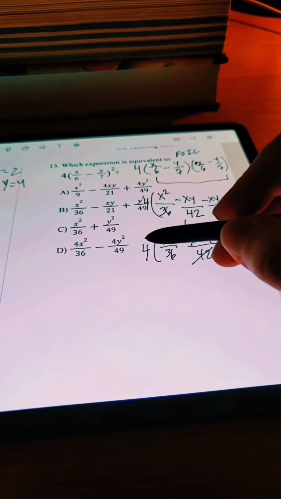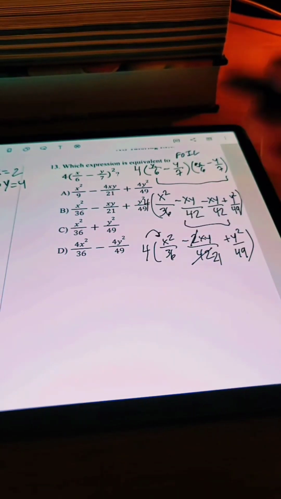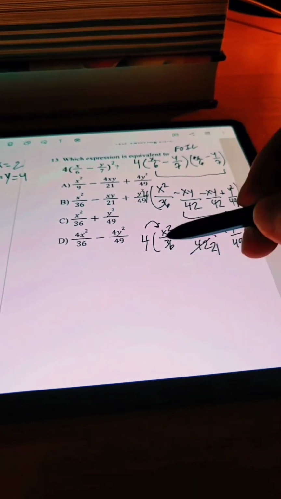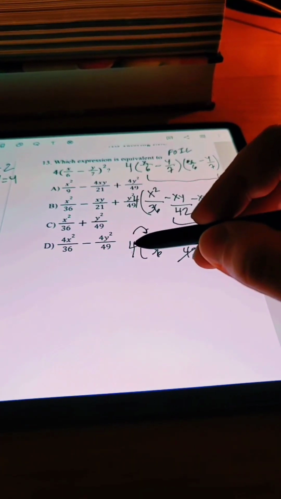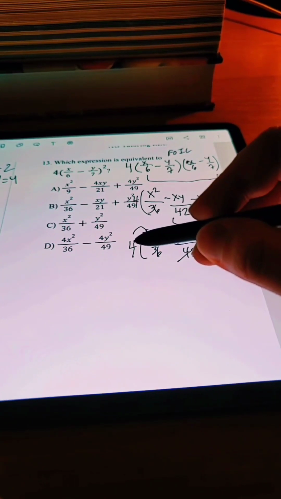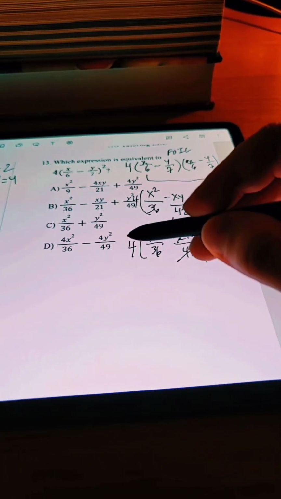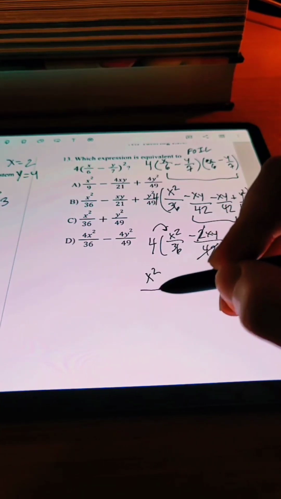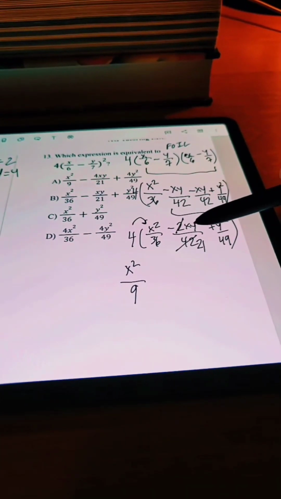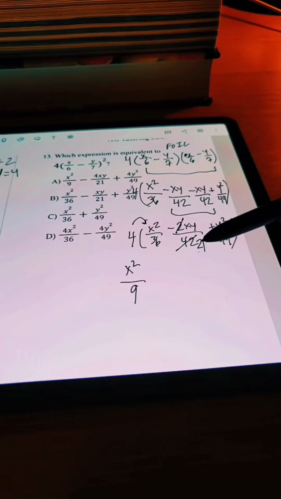You can go ahead and multiply the 4 times each of these and then simplify, or you can do what I'm going to do right now, which is cross-canceling, which is much more efficient. So 4 times x squared over 36, the 4 and the 36 can cancel out because 4 goes into 36 9 times. So then this is just x squared over 9. And then now you have minus xy over 21.